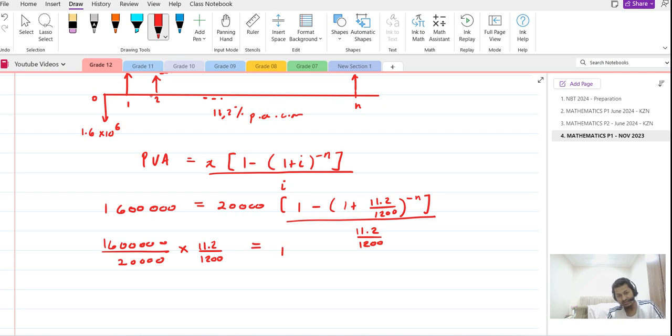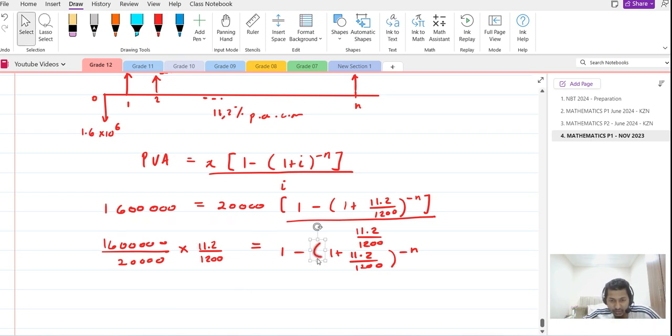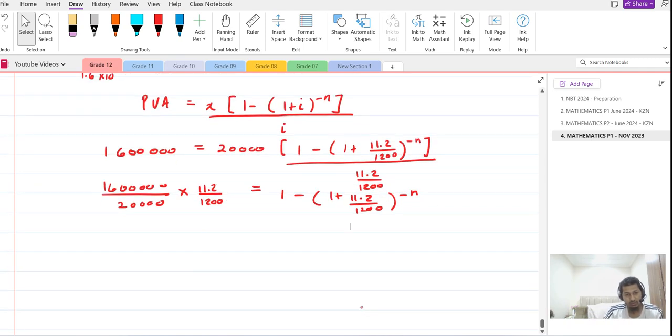1 minus 1 plus 11.2 over 1200 to the power negative n. Alright, so I hope you guys are understanding what we are doing here. Right, so what we have here is we can take out 4 zeros and 4 zeros, and a 0 here and a 0 there.